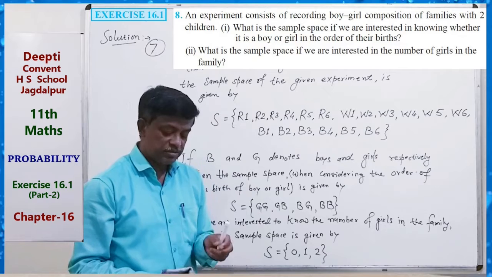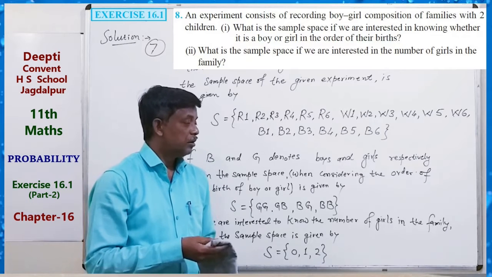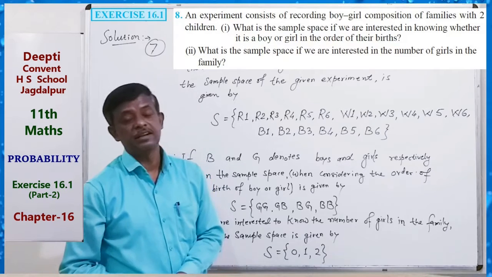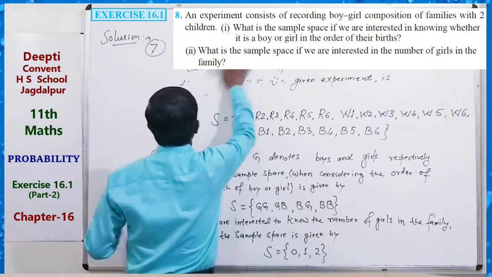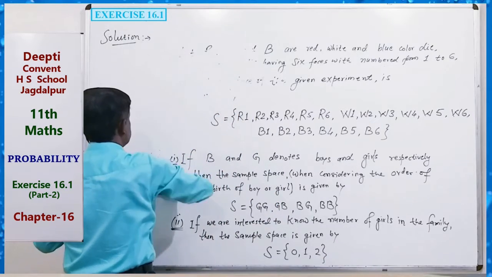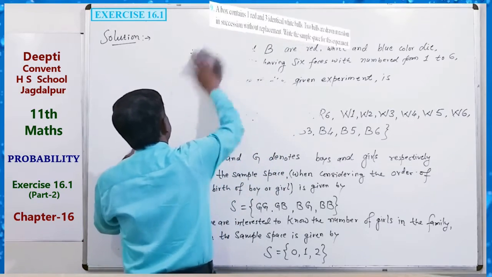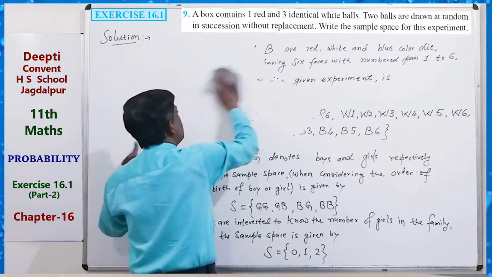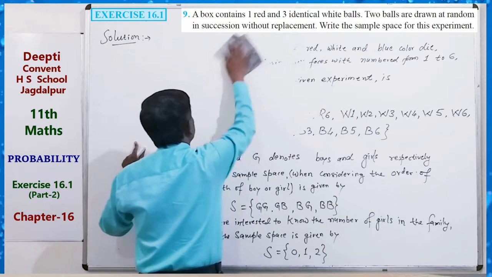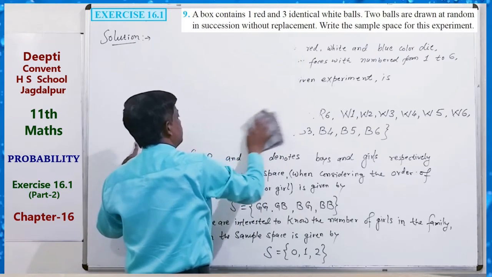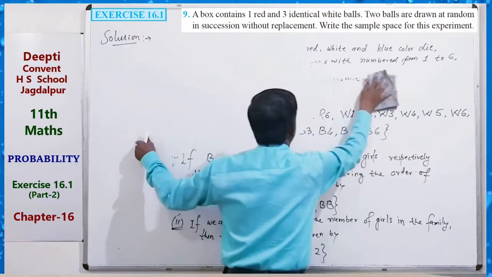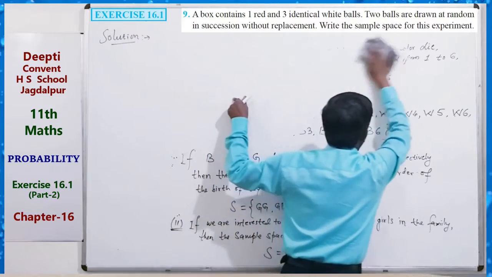Here, what is given? 1 red, 3 identical white balls. In question 9, a box contains identical white balls, means all balls are the same, you cannot differ, but 3 white balls are there.